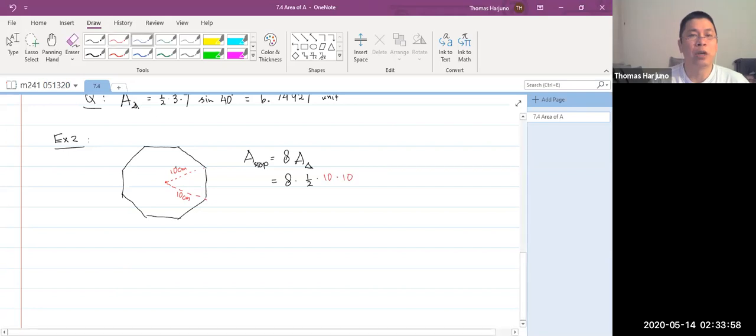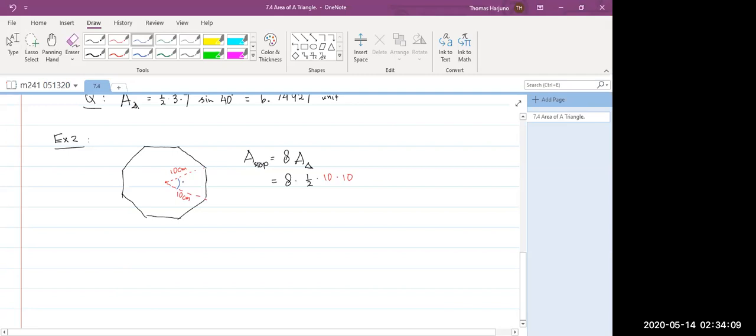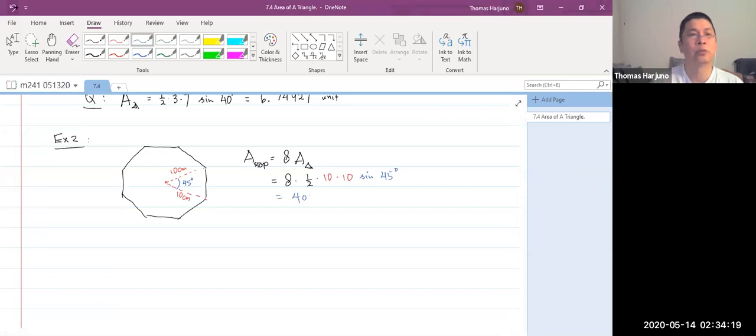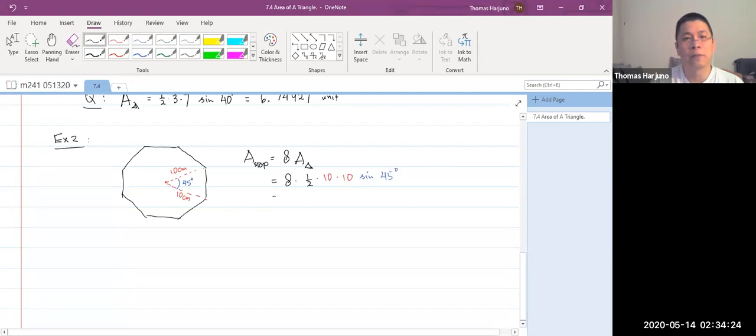Now how about the included angle? That's 360 degrees divided by 8, that's 45 degrees. So this will be sine 45 degrees. Okay, so this is 400 times square root of 2 over 2. That's 200 square root of 2 centimeters squared.